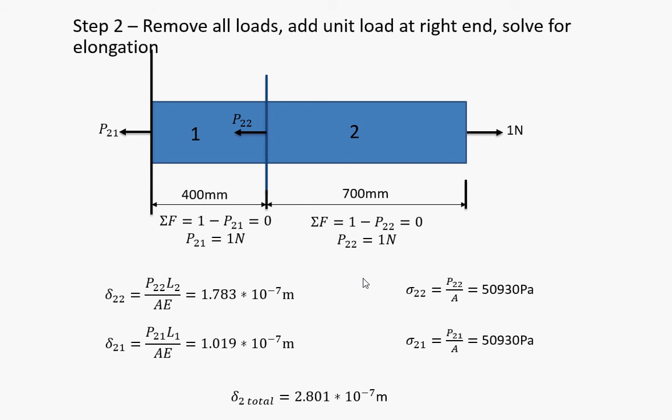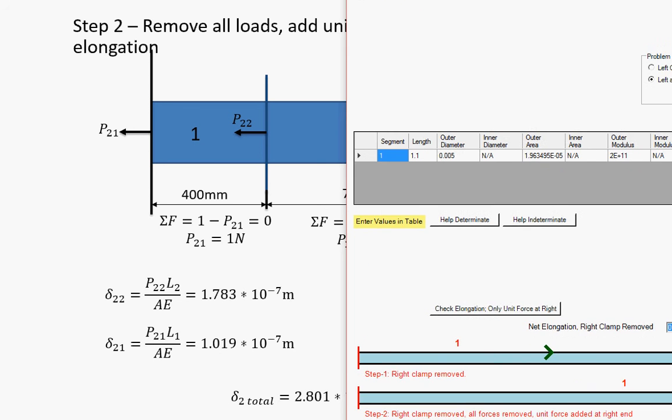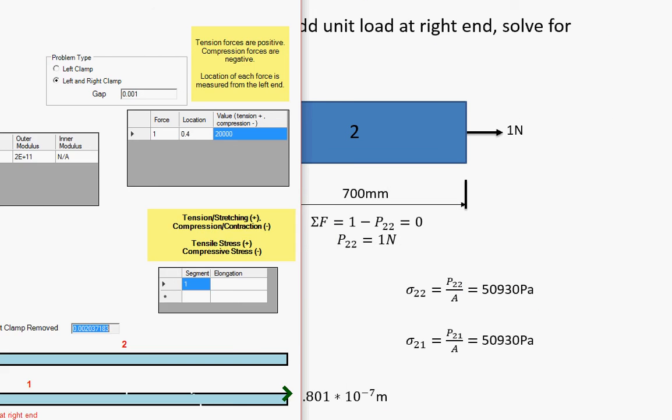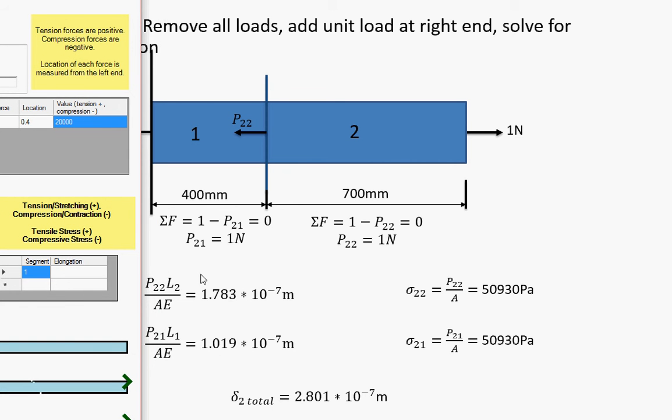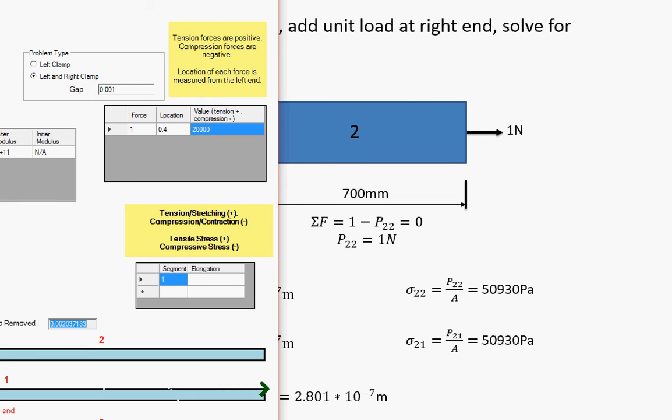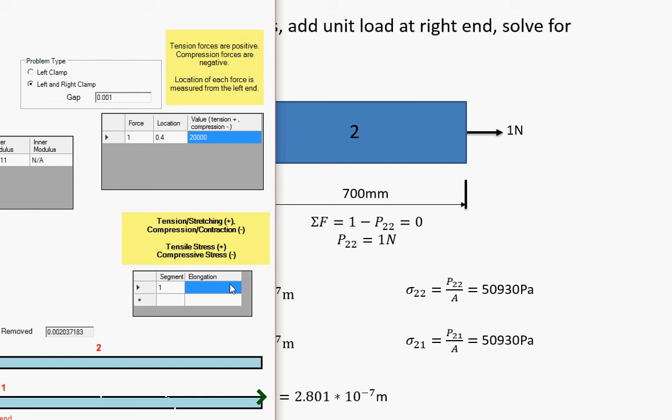However, I always keep going through analyzing section by section, just for the sake of keeping it consistent. As you can see, the elongations I have for each section, you add them together, which I have here, which is the net. Let's apply that now.